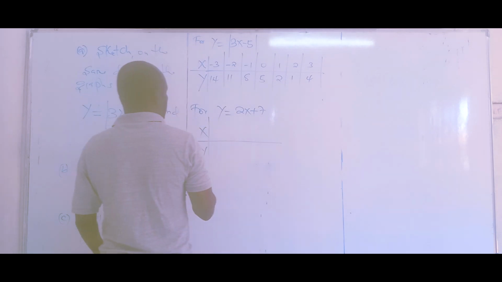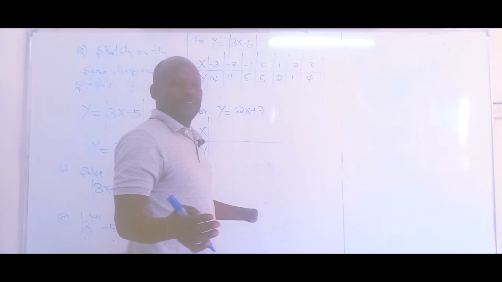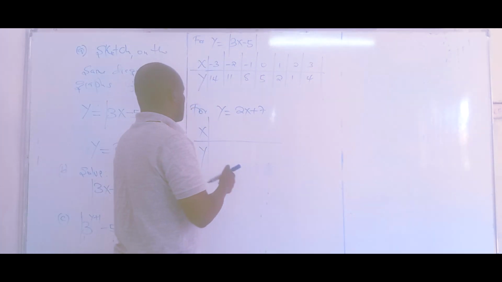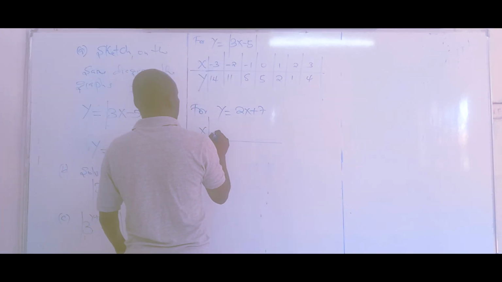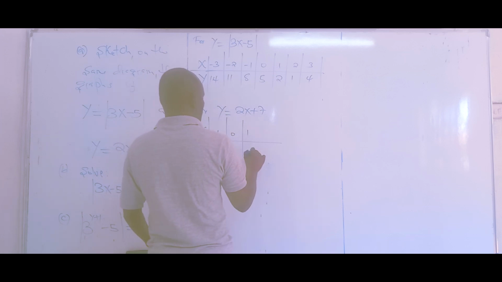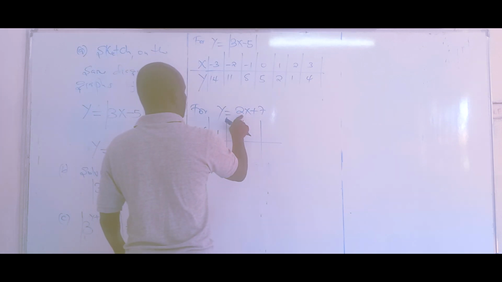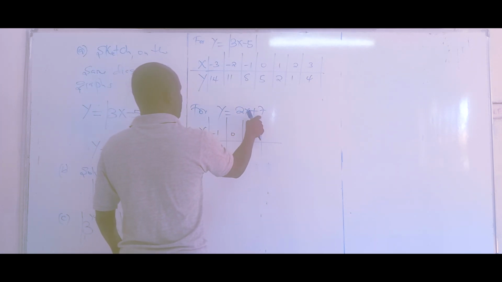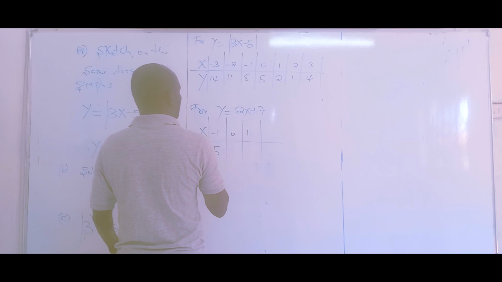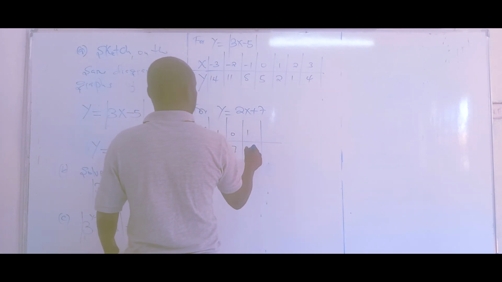In this case, this just being a straight line with no condition, 2 or 3 points will suffice. So I'll start with -1, 0, and 1. When x is minus 1, this will be minus 2 plus 7. We have 5. When it's 0, we have 7. When it's 1, we have 9.